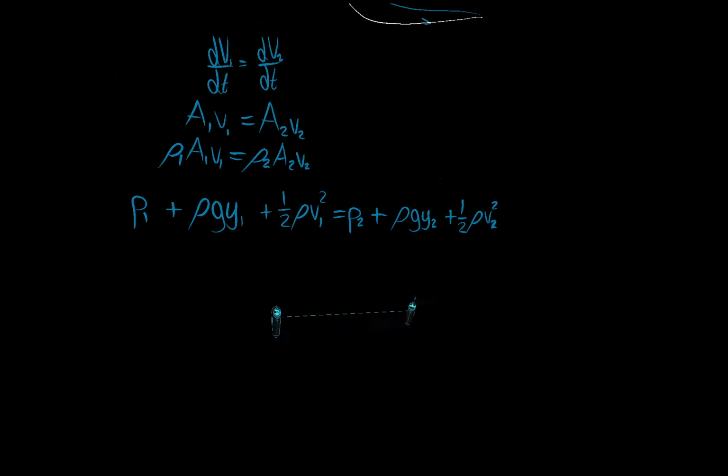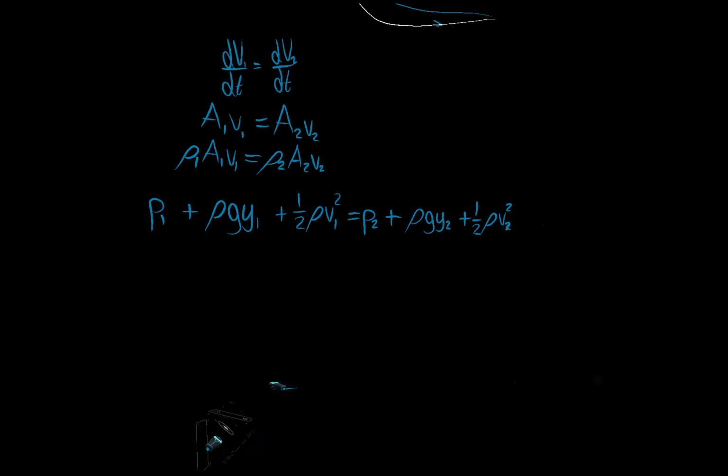Does any of that look like anything we've seen before? Of course, we haven't had density in there, but can you tell which part is the gravitational potential energy portion? Right, like mgh. And which part is the kinetic energy part? Like 1/2 mv squared.